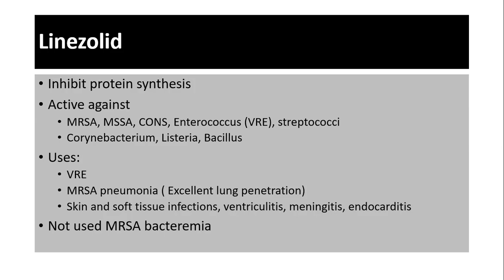Also, one should not readily use linezolid. It should be a controlled drug in pharmacy, and only ID specialists should prescribe it, because random use of linezolid will lead to resistance, and we need linezolid for hospital-acquired resistant bacteria like vancomycin-resistant Enterococcus.